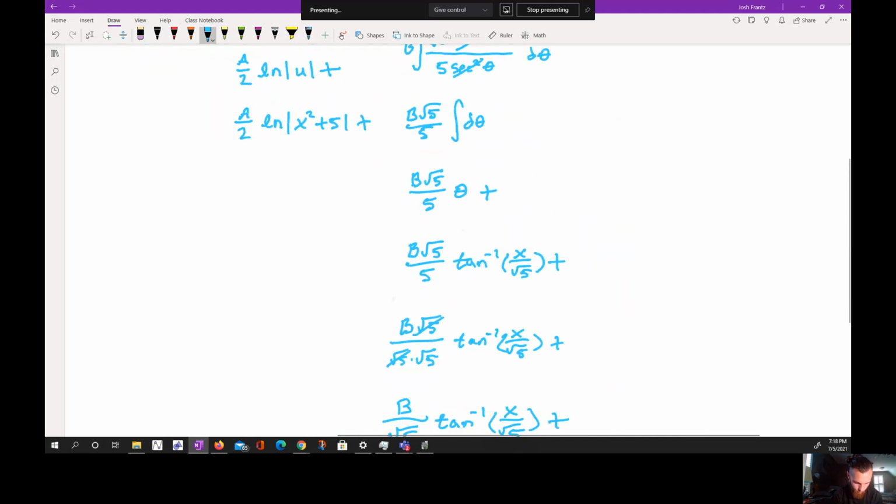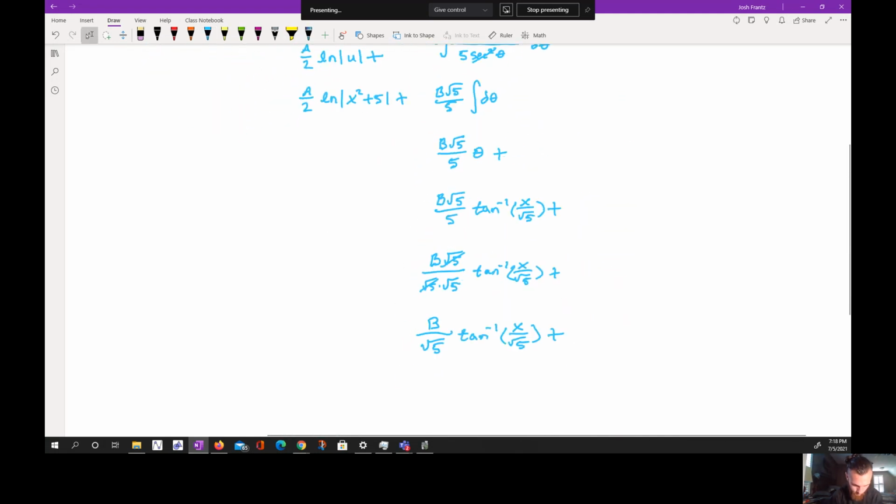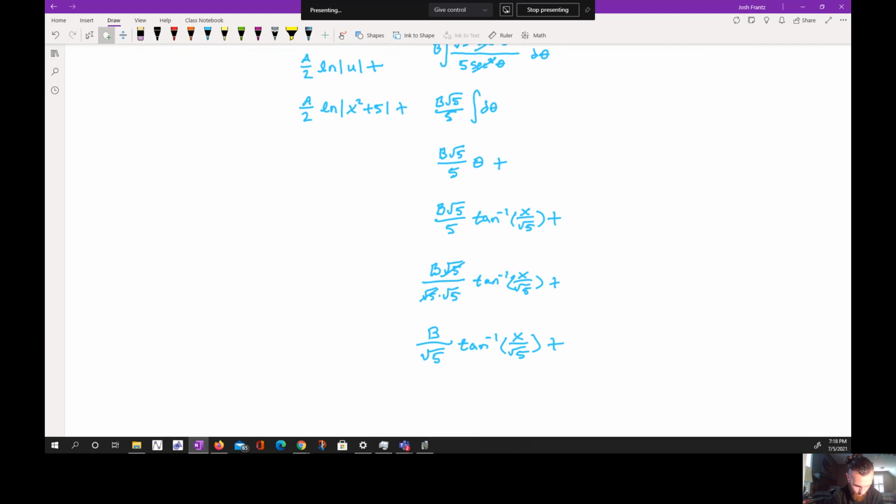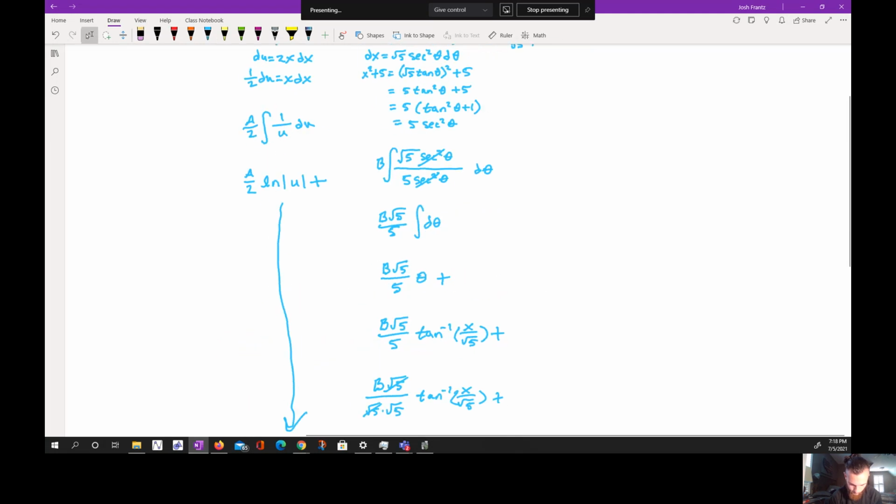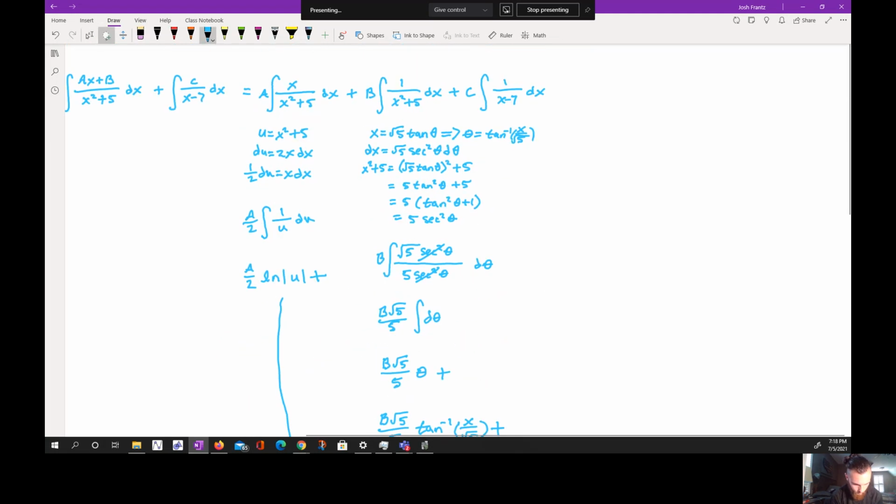And I'm going to go ahead and move this guy down there. We have it all together. There we go. I'll draw an arrow pointing down. Perfect. Alrighty. Let's evaluate this last integral we have here. And this is how we would maximize our points on the test.